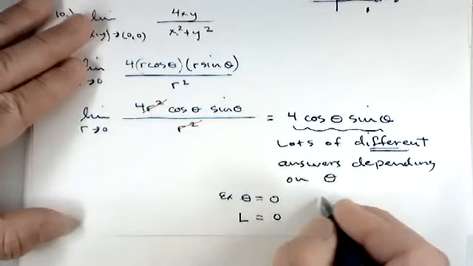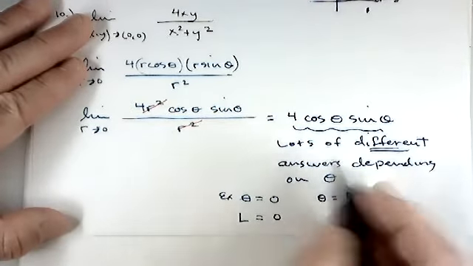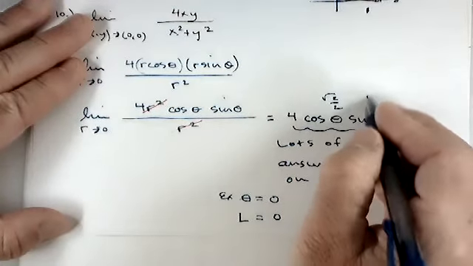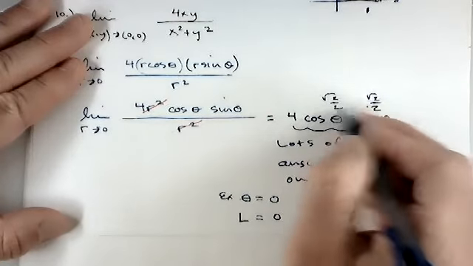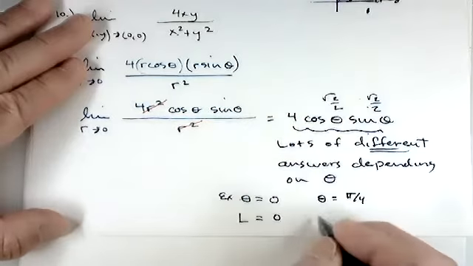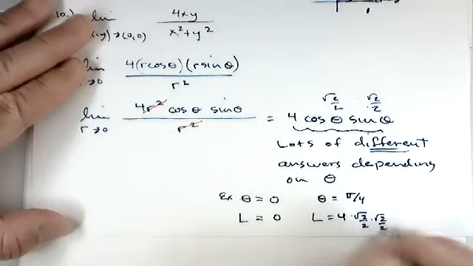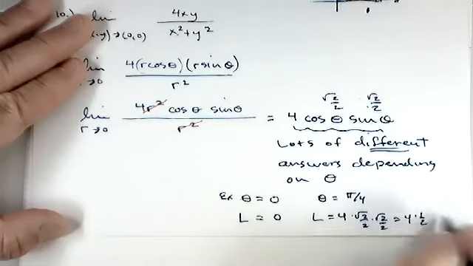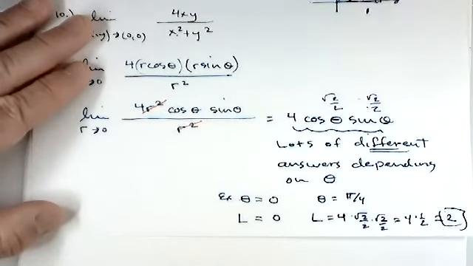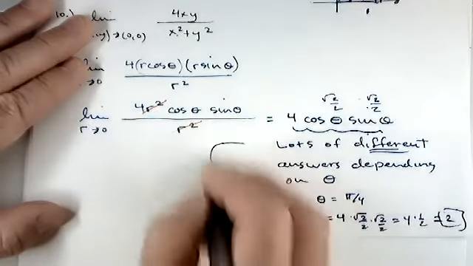My limit would have been 0. But if theta had been, for example, pi over 4, cosine of pi over 4 is root 2 over 2. This one's root 2 over 2. If I multiply them together, it's 2 over 4, it's 1/2. It would end up being 4 times 1/2. My limit would have been 2. And see, that would have been enough to prove that the limit doesn't exist, huh? So the limit doesn't exist.